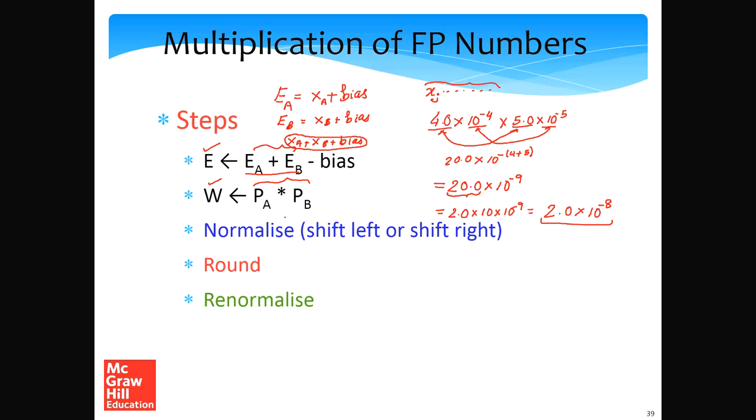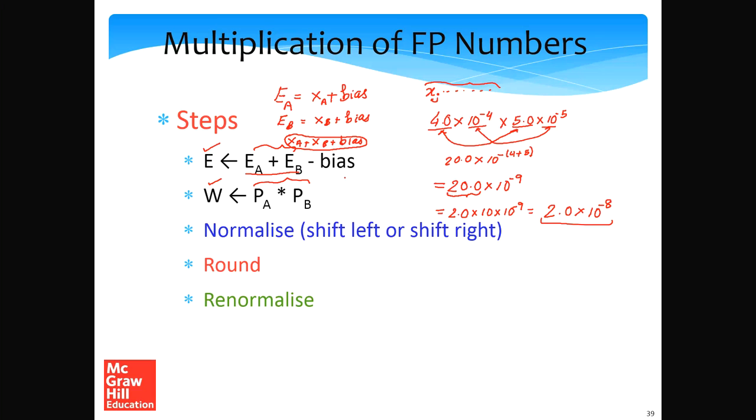After that, we need to normalize it, in the sense that if the significand is greater than or equal to 2, then we need to shift the number to the right and also adjust the decimal point.